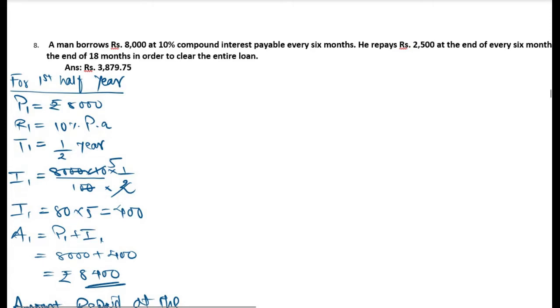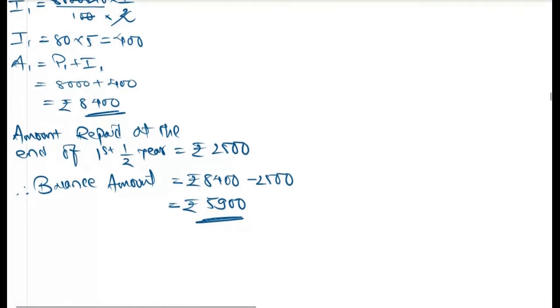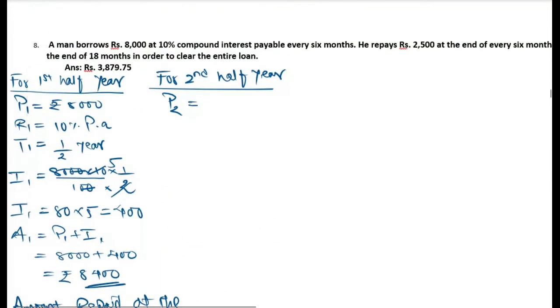Now for the second half year. For the second half year, the principal P2 will be the balance amount at the first half year, that is 5,900.